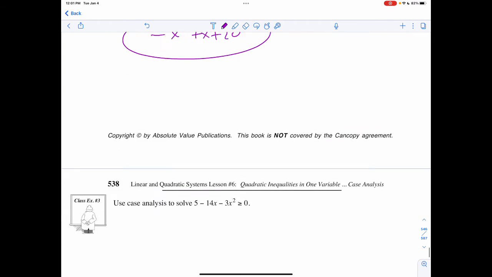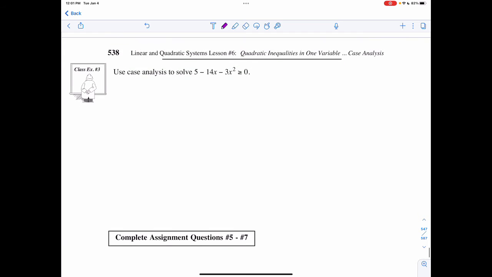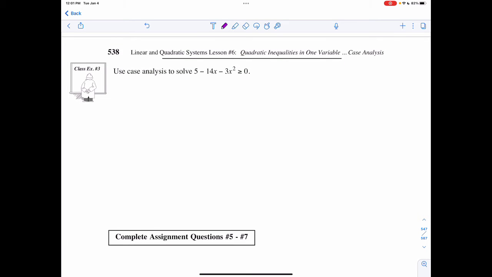Let's try this. If I'm using case analysis to solve this, then the first thing that I'm going to do is make my x squared positive, and I'm going to move everything to the other side.